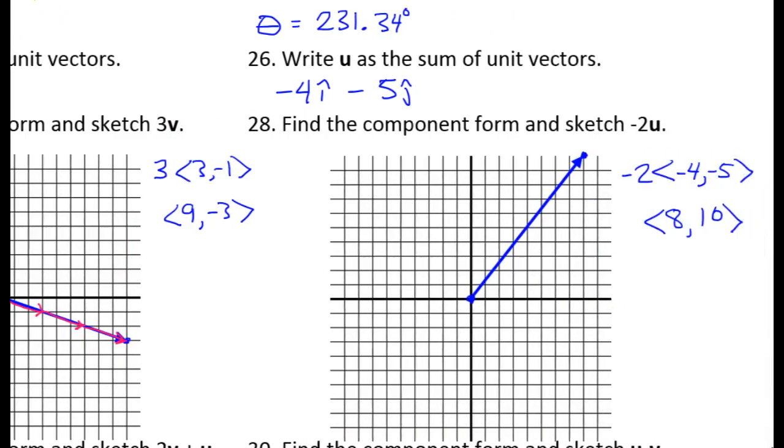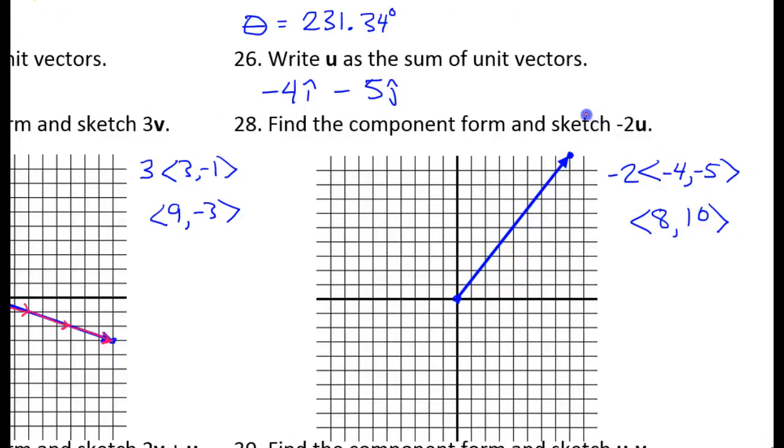And similarly, think about how vector u is -4, -5. So that would be -4, -5. Okay, so this would be a single vector u.